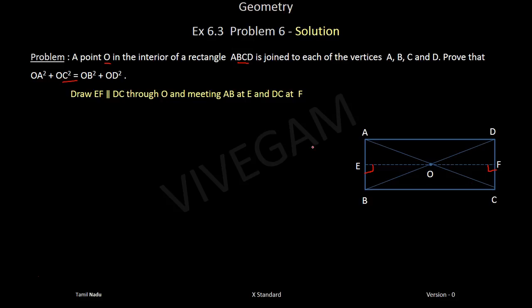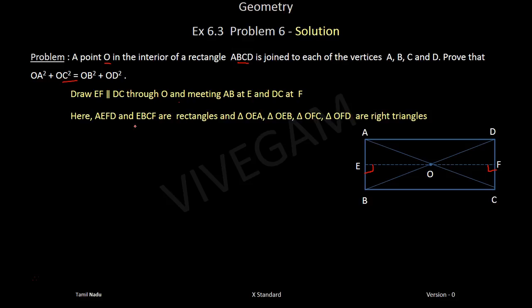So draw EF parallel to DC through O, meeting AB at E and DC at F. Now as I told you, AEFD is one rectangle and EBCF is another rectangle, because this line is parallel to both sides. And these are right triangles OEB, OEA, OFD, OFC.